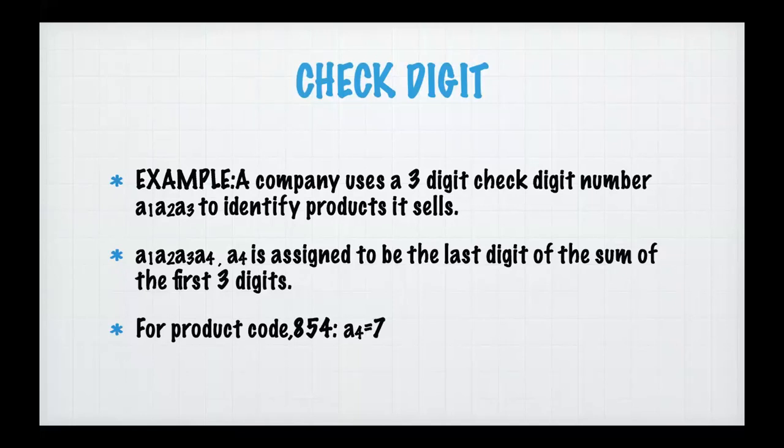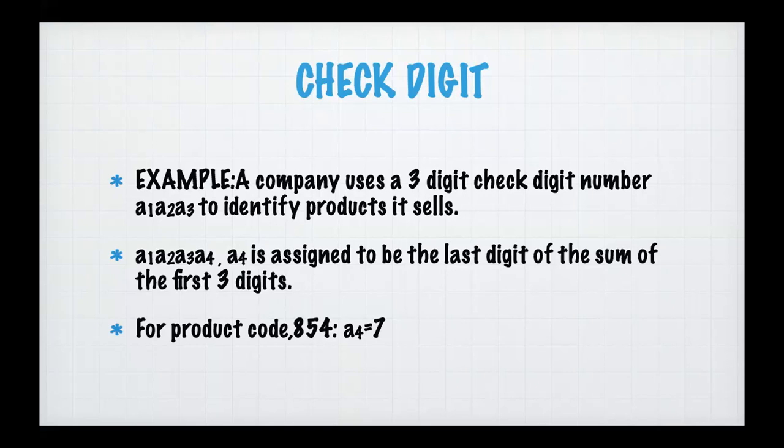What we mean by check digit is an extra digit which is added to the existing series of numbers. They're usually added at the end, and what you do is you do some algebraic operations on the existing number code and append a number at the end of the series.